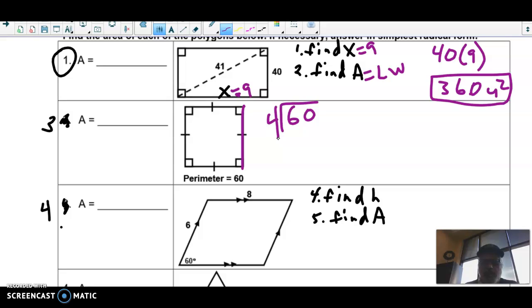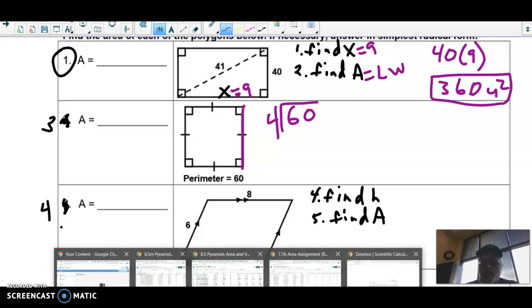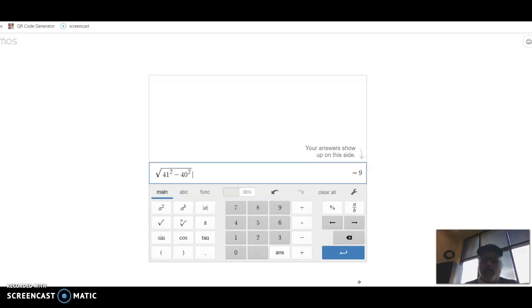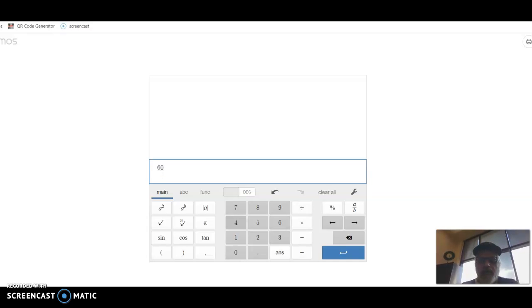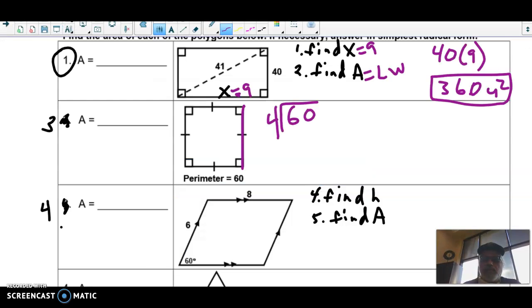Again, I'm just going to switch to my calculator mode. When I go to my calculator, I'm just going to clear all that. I'm going to do 60 divided by 4, and I get 15. So then I get for one side is 15.